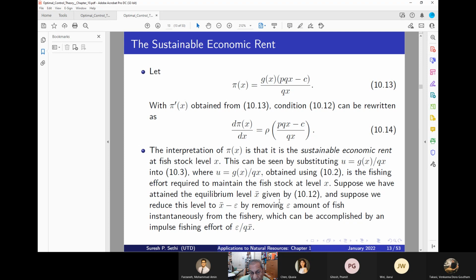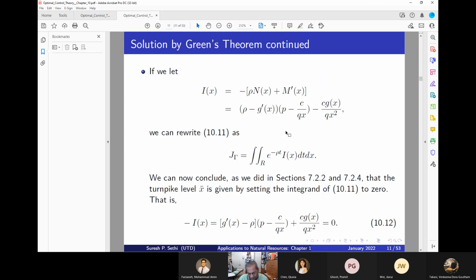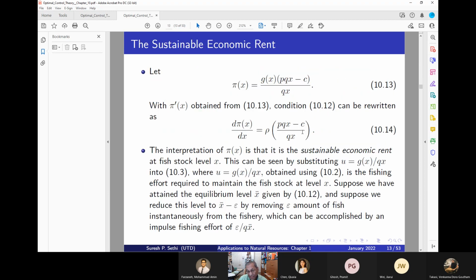So writing it in terms of pi is this. This is also 10.12, given in a form that I can see a little bit more. I can see more here than I can see here. I see almost nothing here, but here I see a lot. I see what this is. Every term has a meaning. In 10.12, there is no meaning.